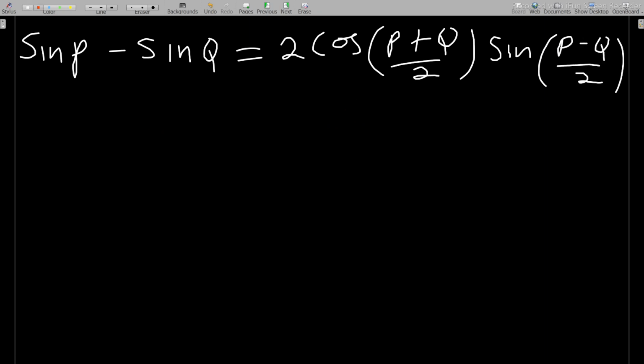So let's keep this identity: whenever we have sine of something minus sine of something, this is how it goes. I hope you can see this clearly.